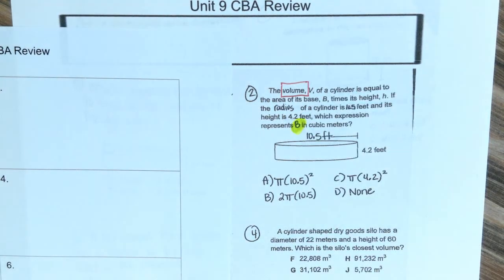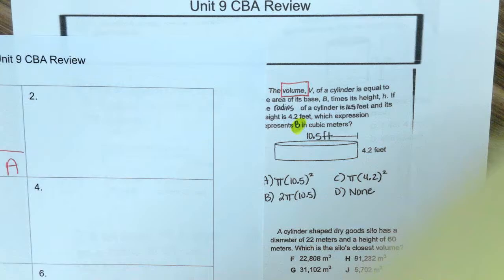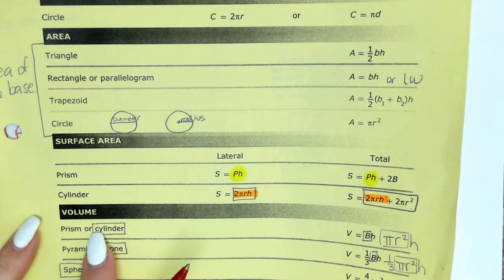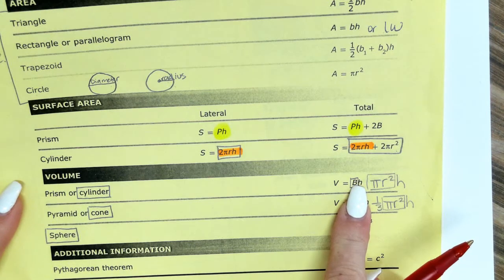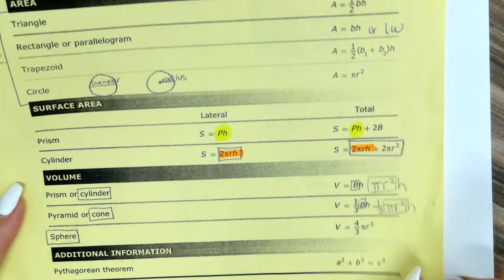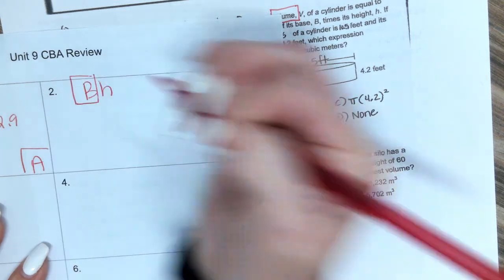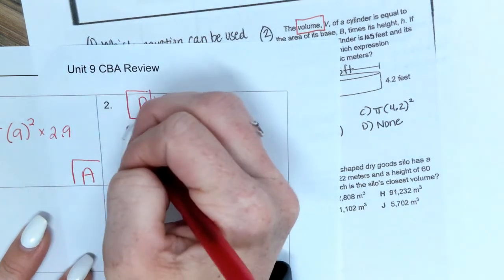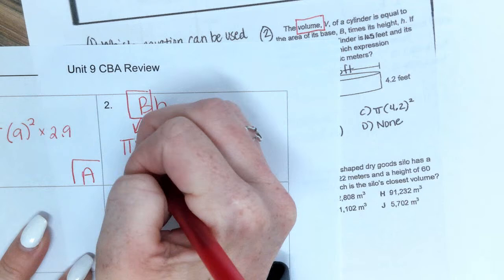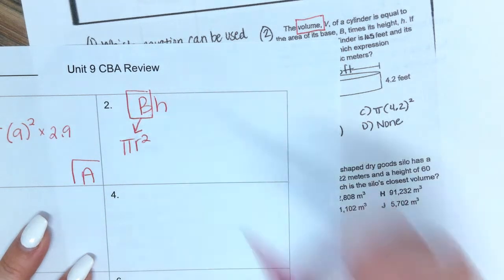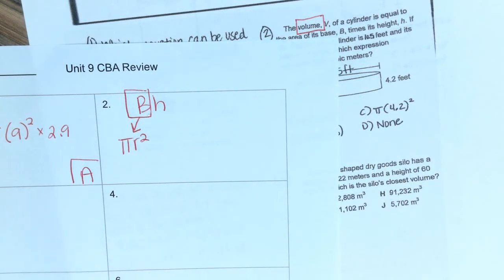Now, we know that the volume formula of a cylinder, so I go to volume of a cylinder, is actually B times H, yes? Because it says it right here. But what did we replace the B with? They're only asking about that B. Do y'all understand that? So how would you do this?